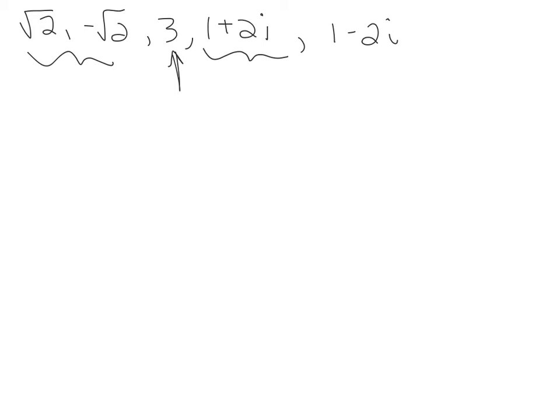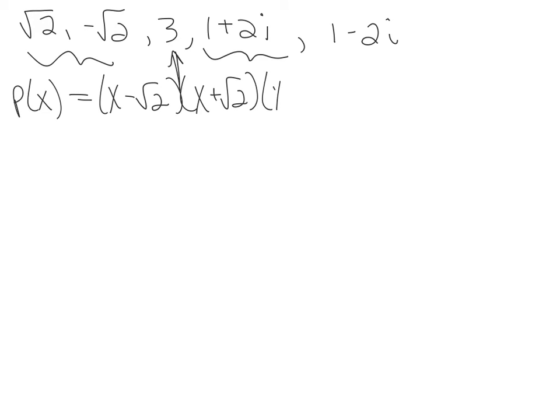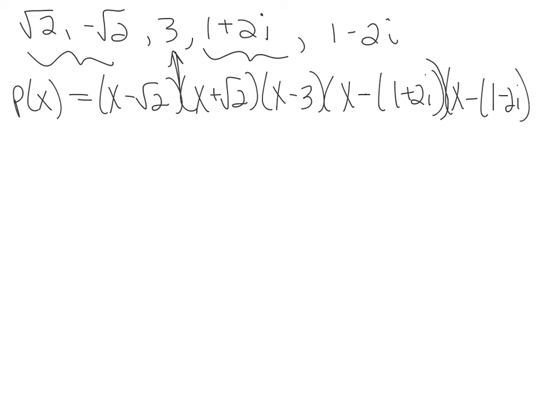Okay, this one's going to be fun. Let's go ahead and write them all out. x minus square root of 2, x plus the square root of 2, x minus 3, and then x minus 1 plus 2i, and then, oh, another parenthesis, x minus 1 minus 2i.